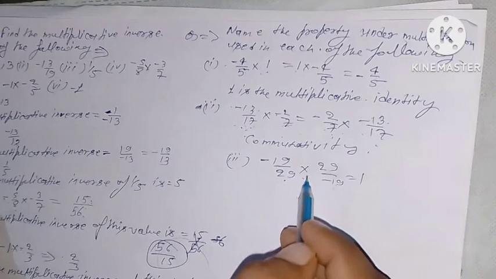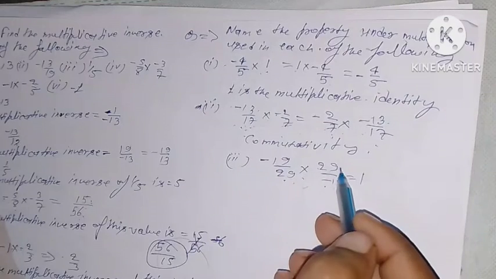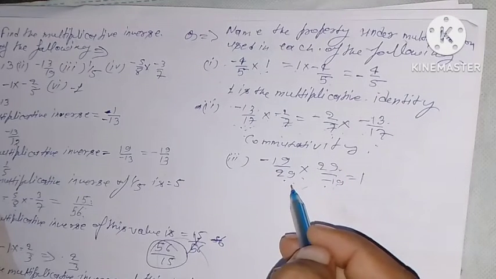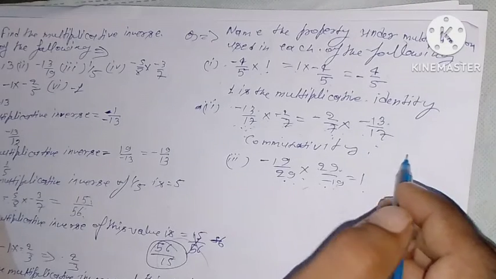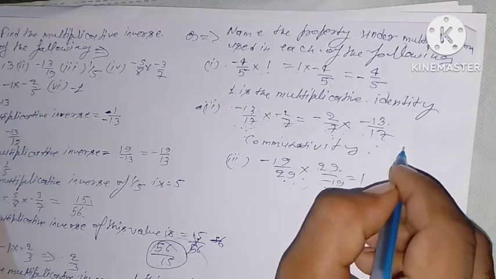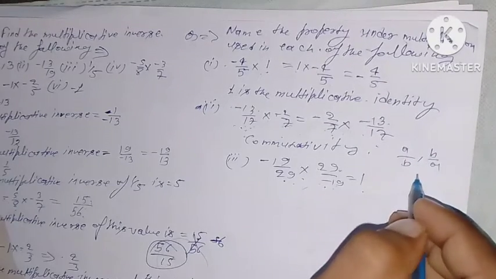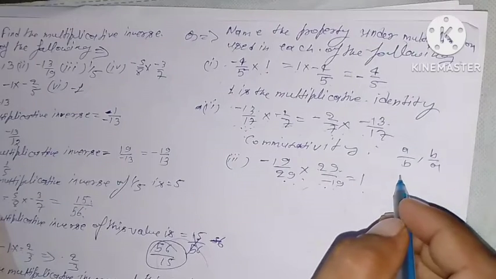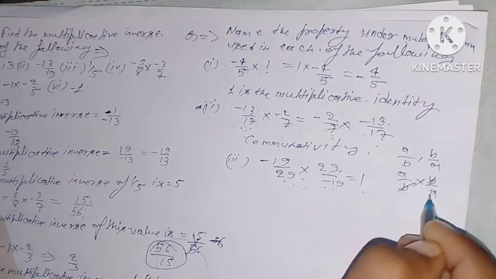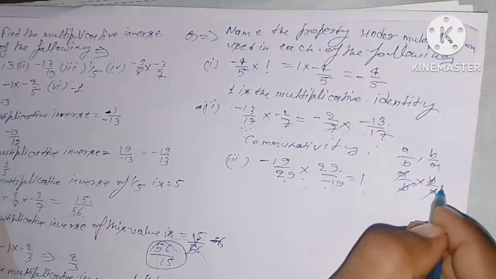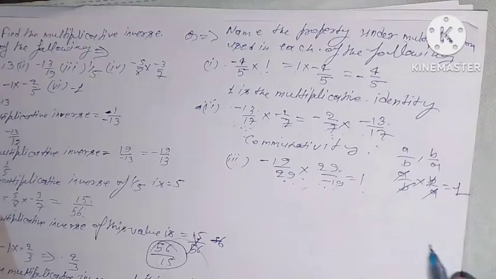But in the other, minus 19 goes to the denominator and 29 goes to the numerator, and the product is equal to 1, because the multiplicative inverse of a upon b is b upon a. Multiplying both, a upon b cross b upon a, b is cancelled by b and a is cancelled by a. The value comes out to be 1.